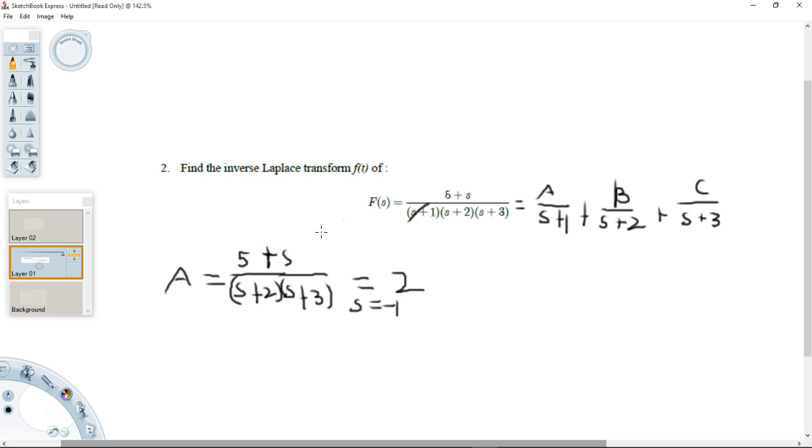So following this logic, you would do this for each one of these denominators. So B would equal 5 plus S over S plus 1 and S plus 3, where S in this case will be -2 because that's what it will take to make this 0.